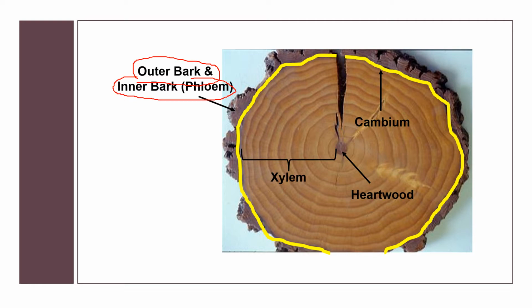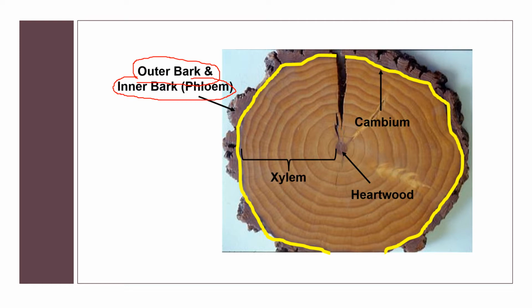This is the pipeline through which food or photosynthates is passed to the rest of the tree system. This phloem only lives for a very short time, then dies and turns to cork to become part of the protective outer bark.